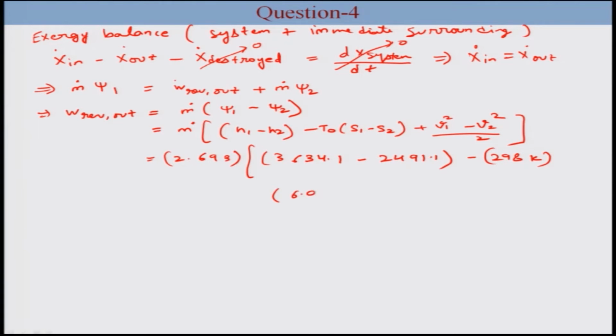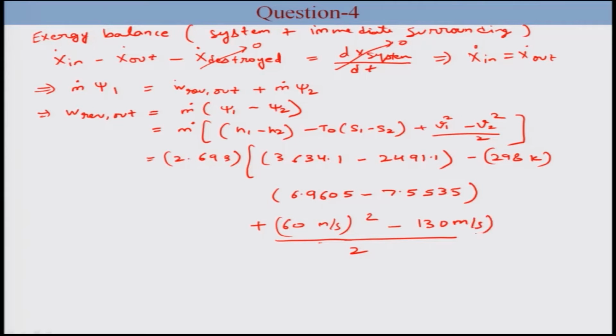So s1 is 6.9605 minus s2, which is 7.5535, plus the inlet velocity in meter per second and the 130 meter per second, the velocity at the exit.